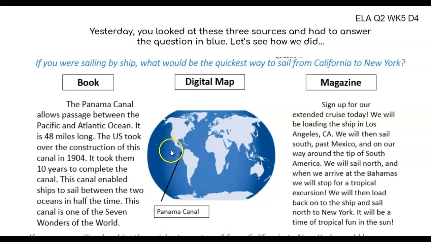If we're going from California all the way to the tip of South America and back up, well, this third source, this magazine, does talk about this by taking a long cruise. It's something to be for fun, like a fun trip, but it is not the quickest route.